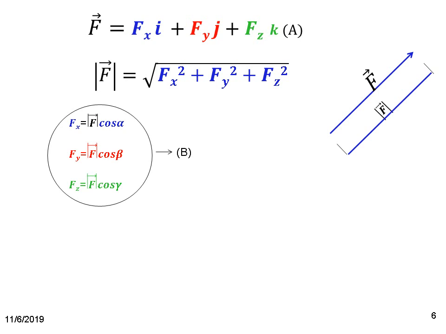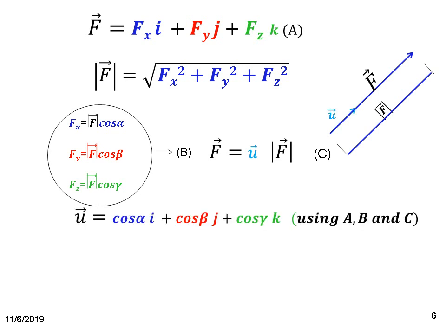As discussed previously, we can show that the unit vector along the direction of force vector F is u equals cos alpha i plus cos beta j plus cos gamma k, where cos alpha, cos beta, and cos gamma are called direction cosines of vector F, and alpha, beta, and gamma are the angles the force vector makes with the x, y, and z axes respectively.